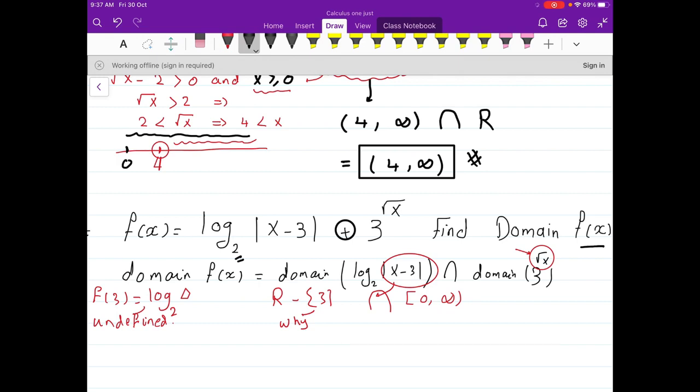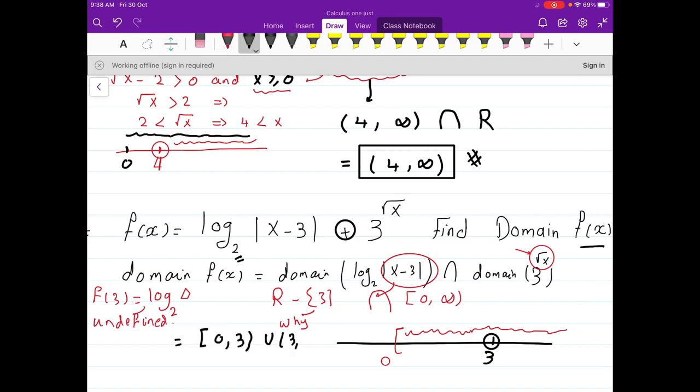The first interval is R except 3. The second interval is from 0 to infinity. So what is the intersection between the two intervals? It is from 0 to 3 open, union from 3 to infinity. So this is the correct answer.